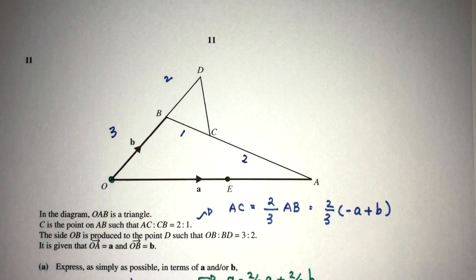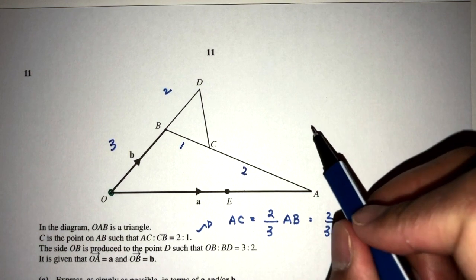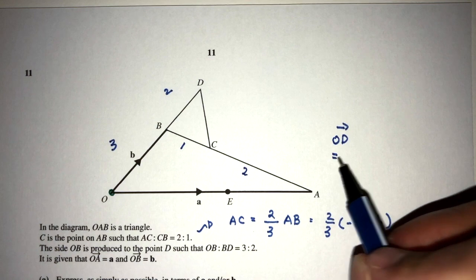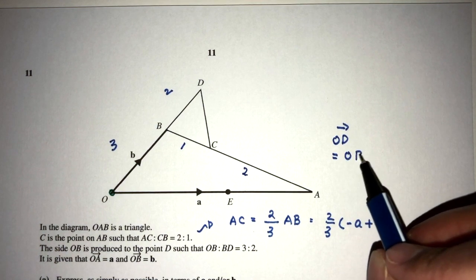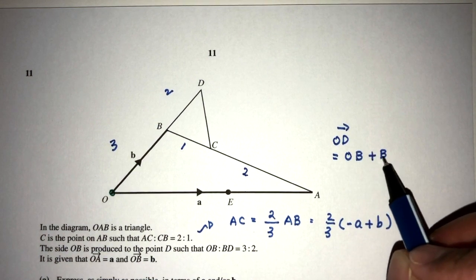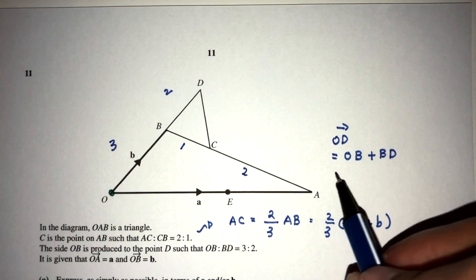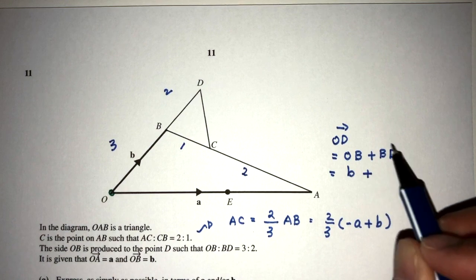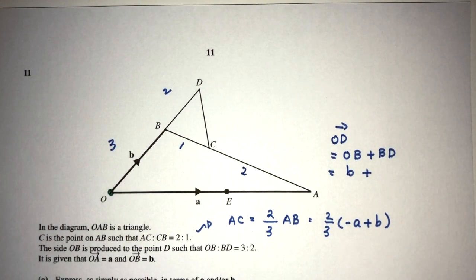So to find OD, according to the diagram, from O we can go to B, and from B we can go to D. That will be OB, which is b. But now what is BD?